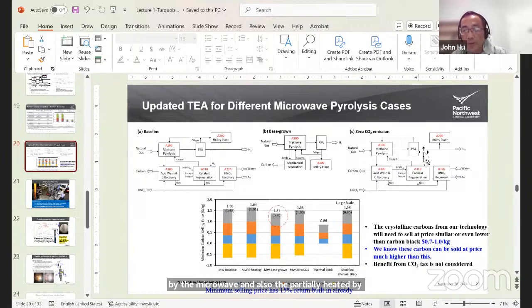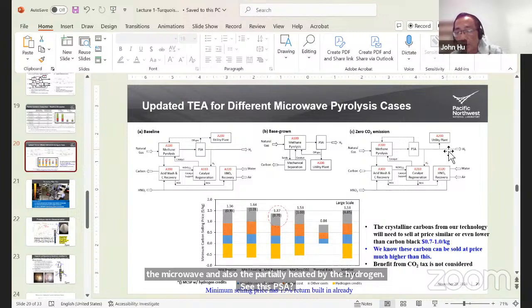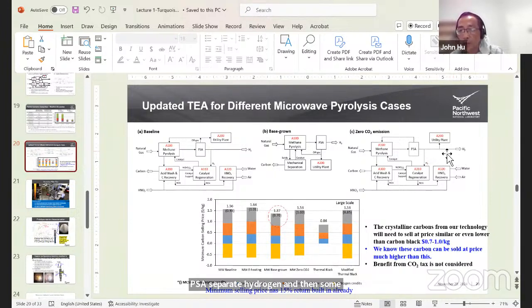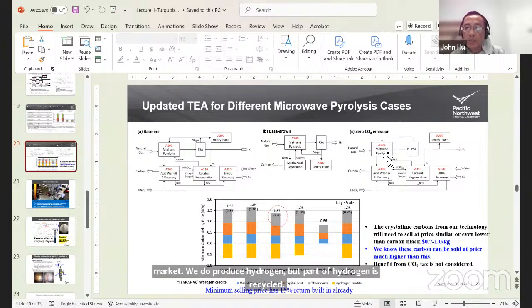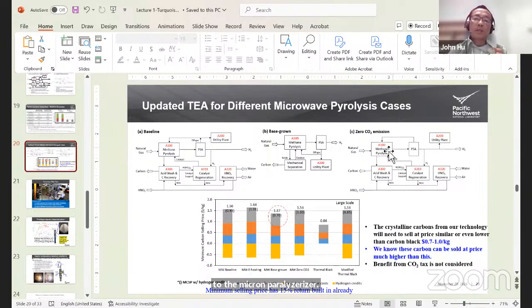See this PSA? The PSA separates hydrogen, and then some hydrogen is sold to the market. We do produce hydrogen, but part of the hydrogen is recycled to the micro pyrolyzer, together with the microwave. This is the way you balance electricity, or renewable electricity. Let's say if you can sell hydrogen at a better price than electricity, you don't need a PSA.